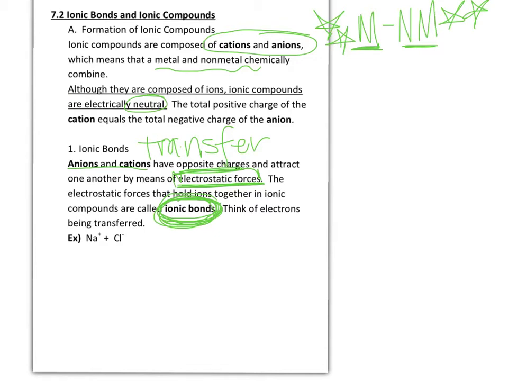Okay, so we have sodium, and sodium has a valence electron of 1 because it is in family 1. And we have chlorine that has a valence electron of 7 because it is in family 7.